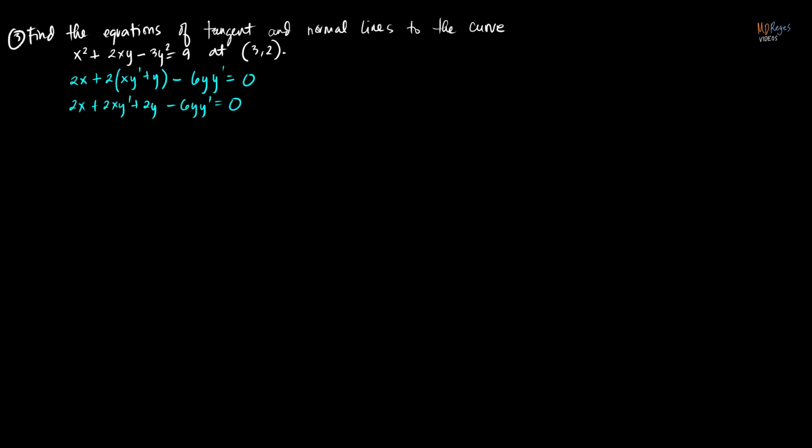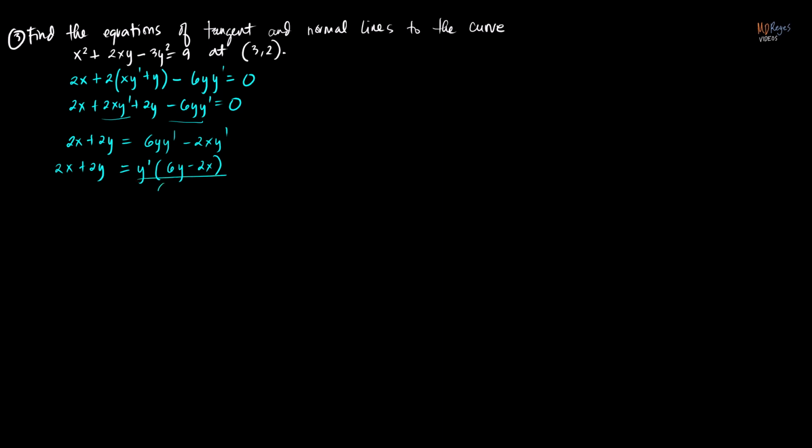We are solving for y prime here. So combine like terms with y prime. I'll just have to transpose this term and this term to the right. And we'll just have 2x plus 2y on the left side of the equation, and then positive 6y y prime minus 2x y prime. Then factor out y prime from both terms on the right side, because we are solving for it. So y prime times the quantity 6y minus 2x.